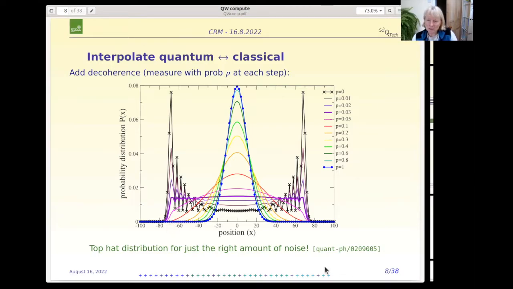And what I noticed back in 2002 is that in the middle of this, you get a nice top hat distribution. And if you're a computational physicist like me, that's great because it lets you do uniform sampling.